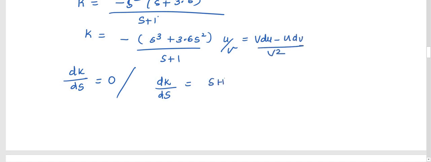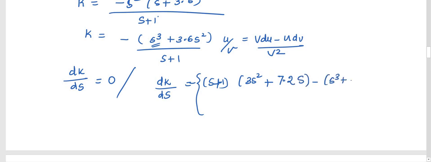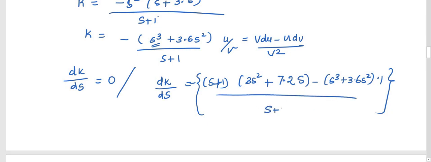So minus of (s plus 1) into (3s square plus 7.2 s) minus (s cube plus 3.6 s square) into 1, the whole divided by (s plus 1) the whole square.